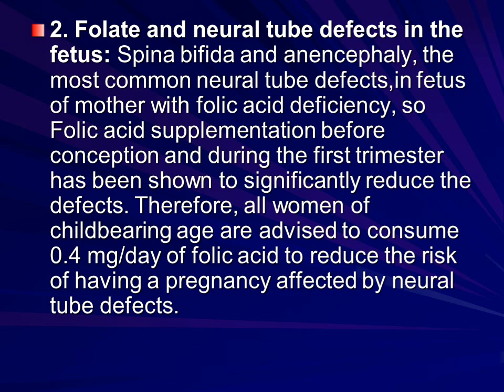إذا كان pregnant mother عندها deficiency بالفوليك acid فالبيبي يكون معرض إلى السباينا بيفيدا والأننسيفالي، يصير عندنا defect بالنيورال تيوب. ولهذا كل الحوامل ينصحون بتناول الفيتامين B9 أو الفوليك acid in a dose of about 0.4 mg per day to prevent this complication.